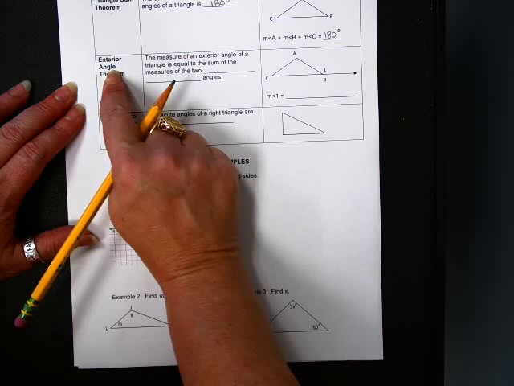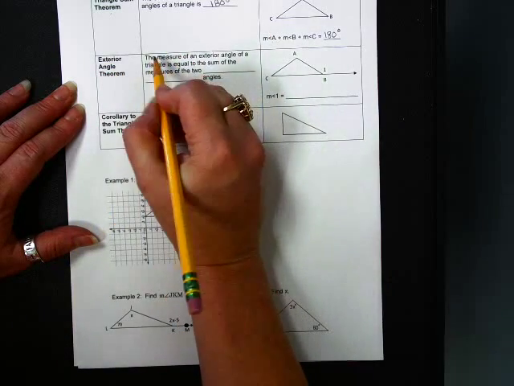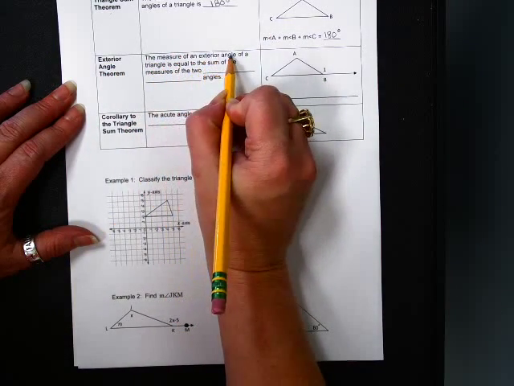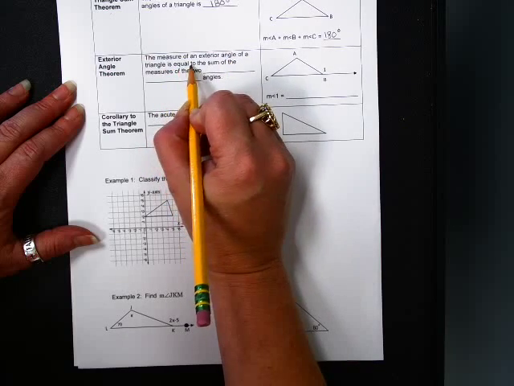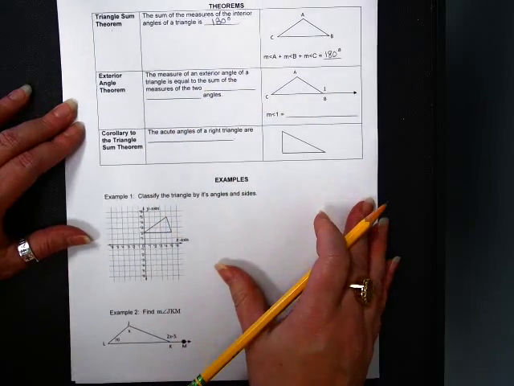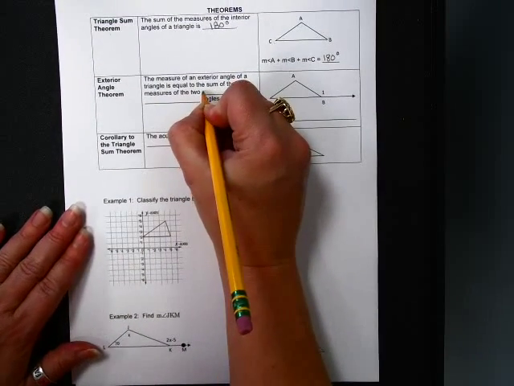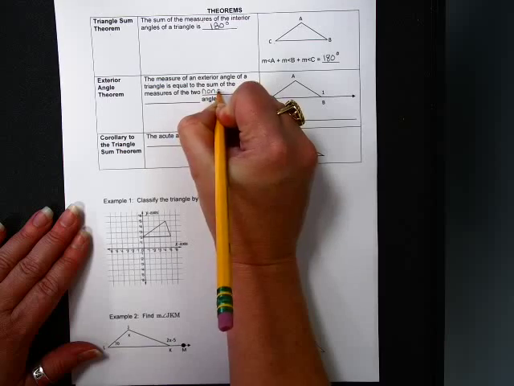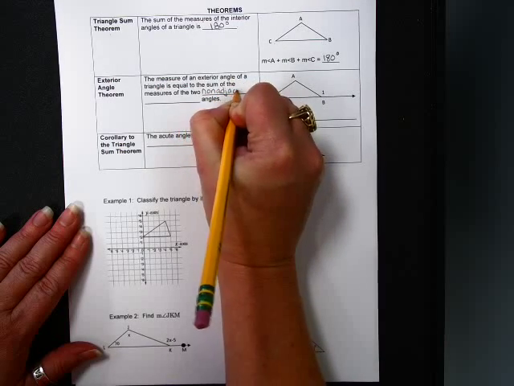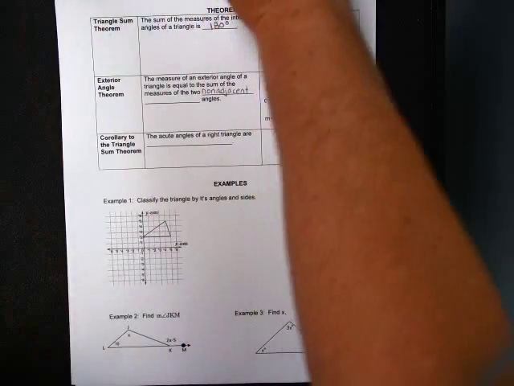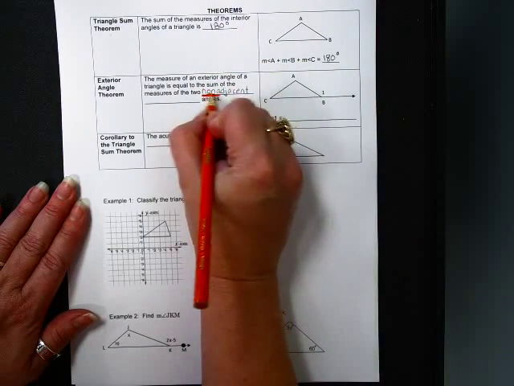The exterior angle theorem is the measure of an exterior angle of a triangle is equal to the sum of the measures of the two non-adjacent interior angles. Non-adjacent, I'm going to highlight in orange.